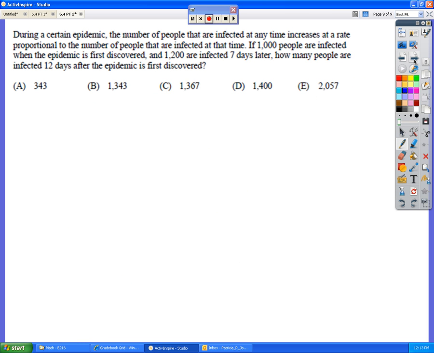And I think there's one more that is very similar. So if you look at this one, I'm not going to do this one for you, but it is very similar to the one that we just started with. It says that the people infected increases at a rate proportional to, so dy over dt, y being the number infected, is equal to k times the amount of people already infected.